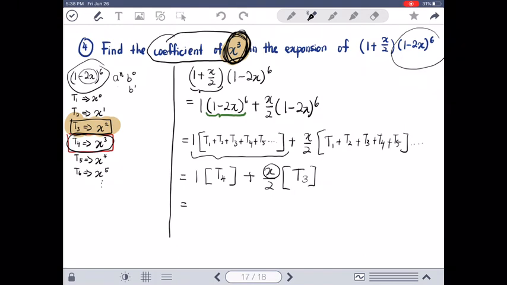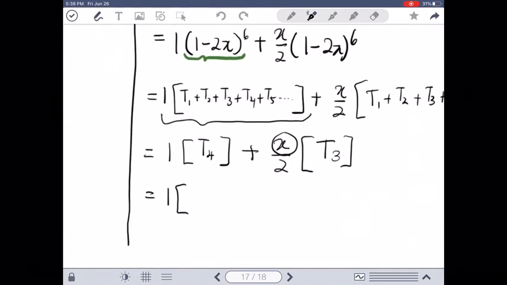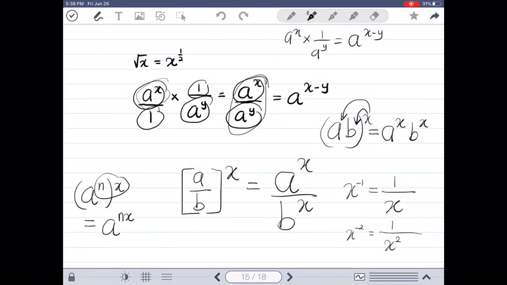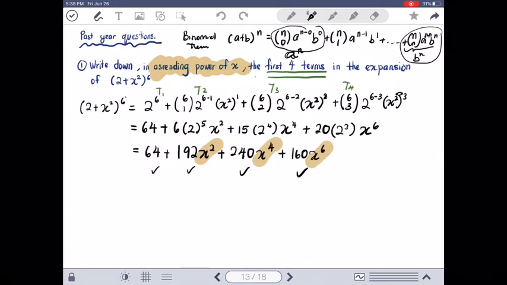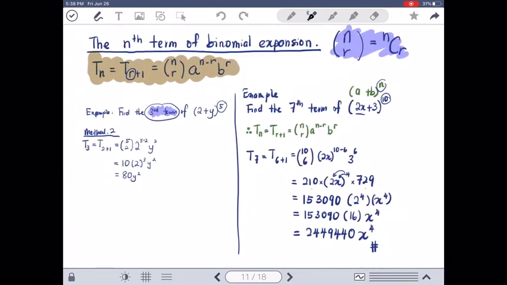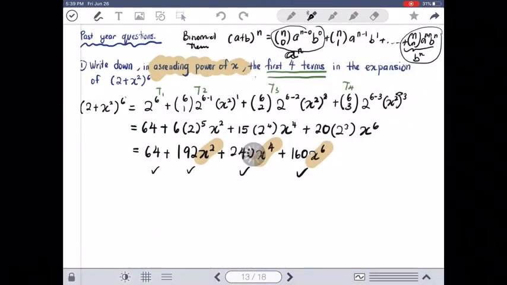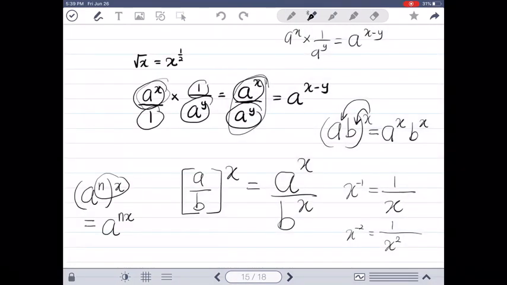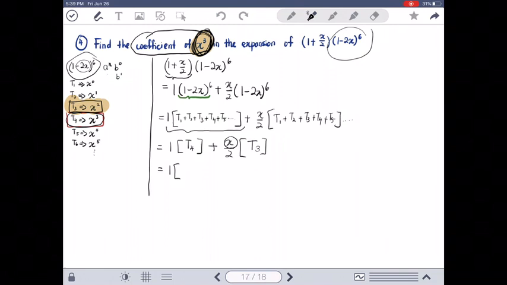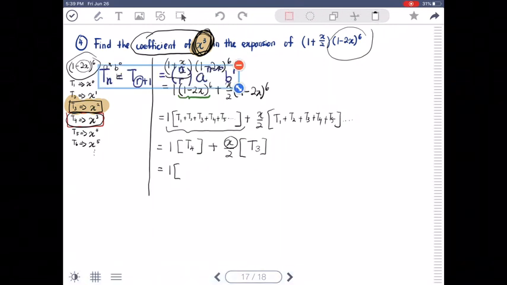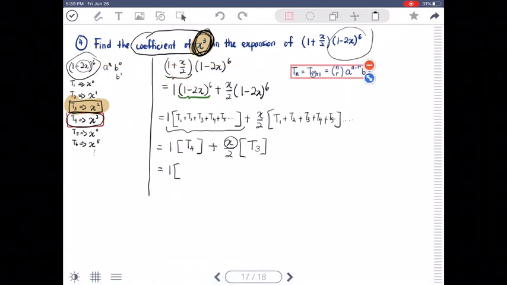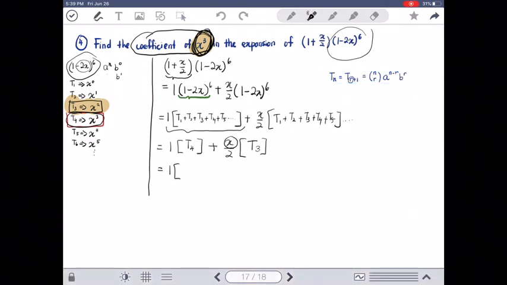Okay, so 1 times term number 4. From before, we learned the formula for the nth term of a binomial expansion. I'll just bring it forward and paste it here so we can have a look.